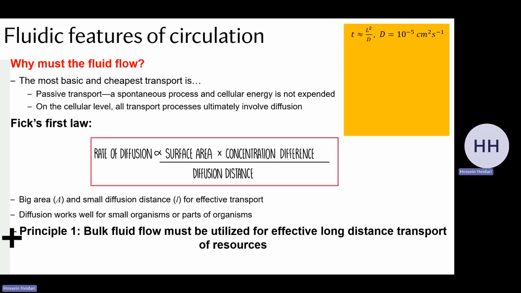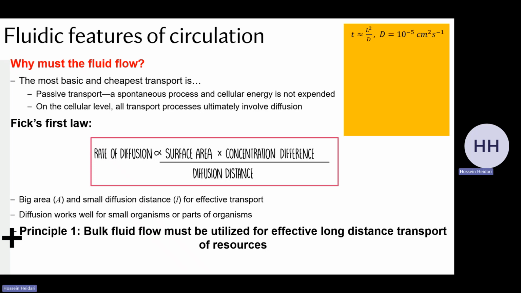So here is a good example for you. The diffusivity of oxygen, which is the main molecule that we're trying to transfer to all regions in the body, in water, which is similar to blood, but a lot less viscous, so it's going to be even slower in blood, as a matter of fact, is actually 10 to the negative 5 centimeters squared per second.